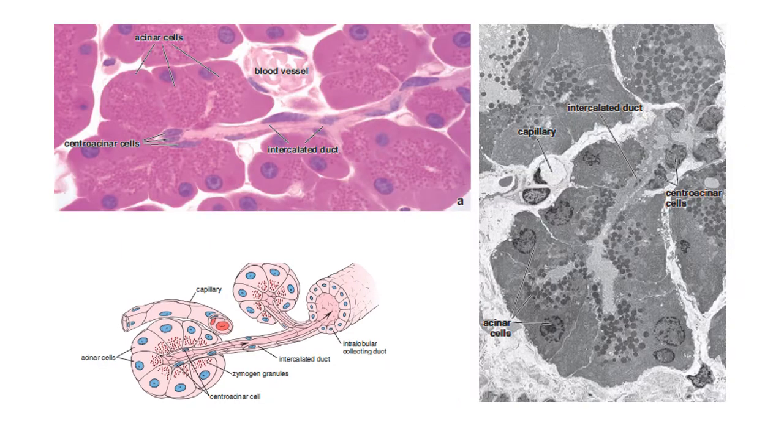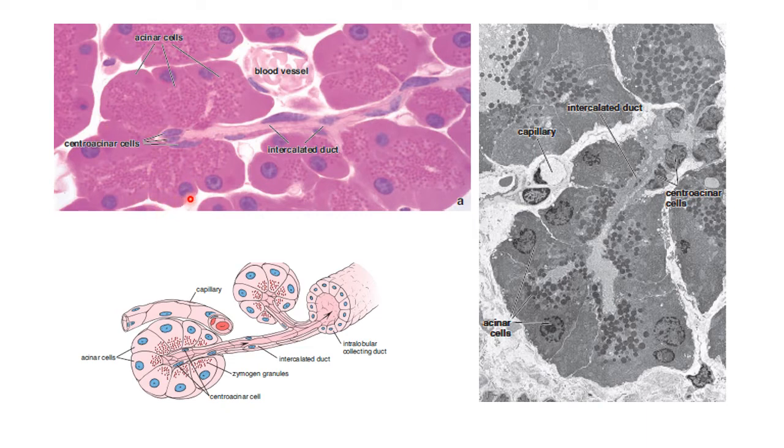For a better appreciation of the acinar cells or pancreatic acini under high power microscope, we have this photomicrograph. So this is an acinus. We have these pyramidal acinar cells.